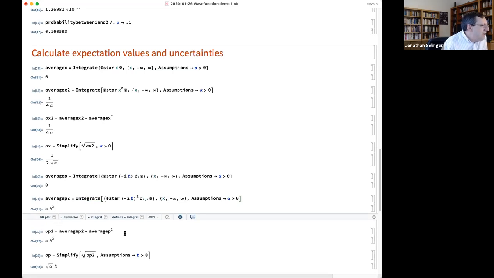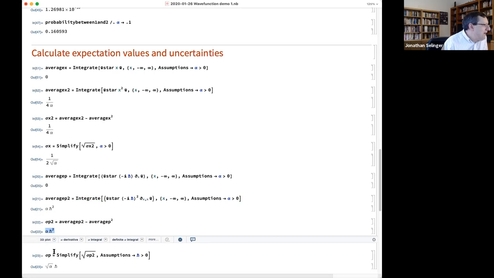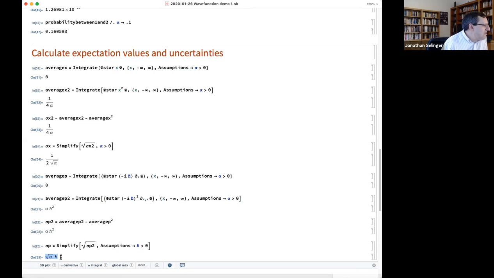And then from that, we could calculate the variance, or we could calculate the standard deviation. That's what's the uncertainty in the momentum. Okay? So the uncertainty in the momentum comes to be h bar times the square root of this alpha parameter.